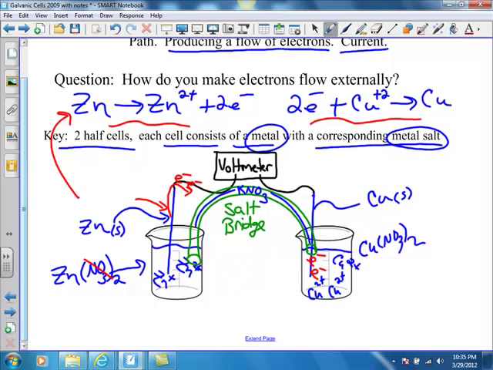I have a copper 2 plus ion here, and that copper 2 plus ion is going to be attracted to those two electrons. And so I'm just going to get this outside here so we can see it. So when it picks up those two electrons, what's that copper going to do? Well, that copper is going to become Cu.